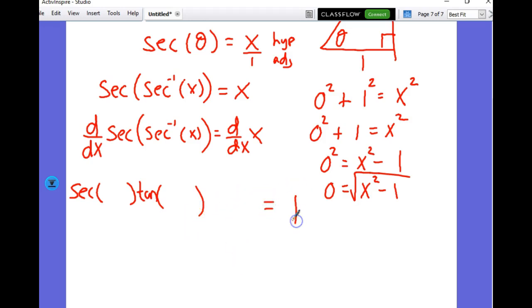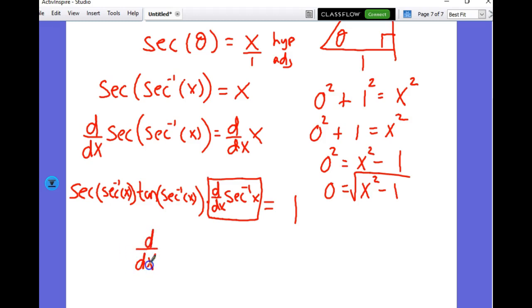And this inside does not change. Multiplied by the derivative with respect to x of that inside arcsecant, which is what I'm trying to find. So once again, we divide everything to the left of that to the other side, and we end up with the following.